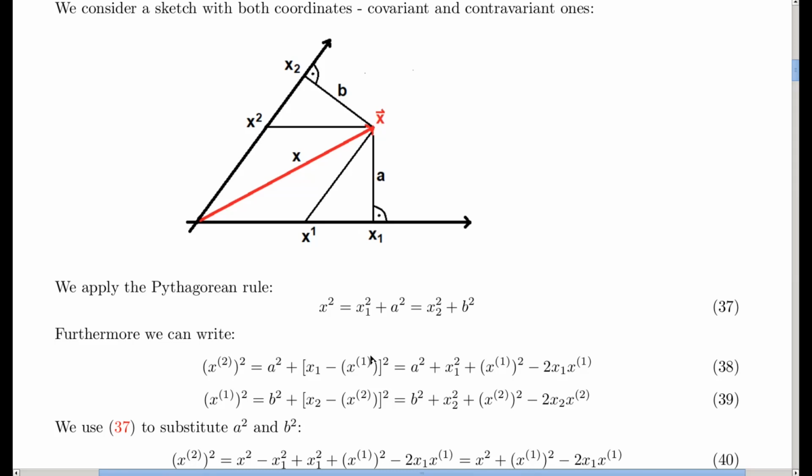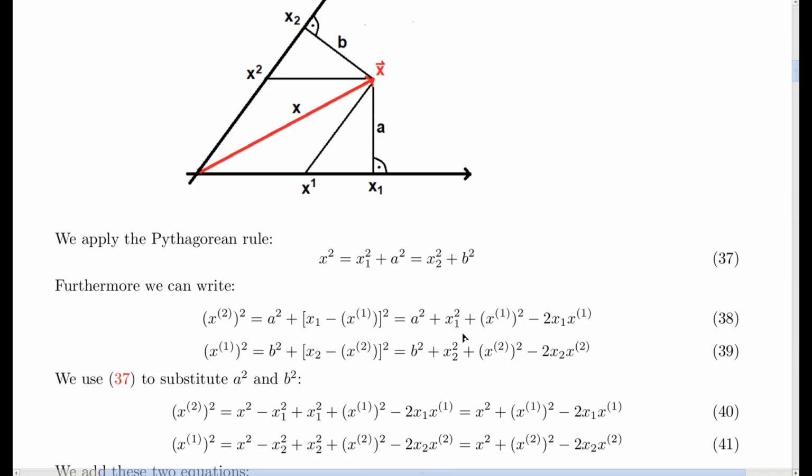And then we apply the binomial theorem, and we get for the square of the square brackets these three terms. The same in the second equation, 38, 39.